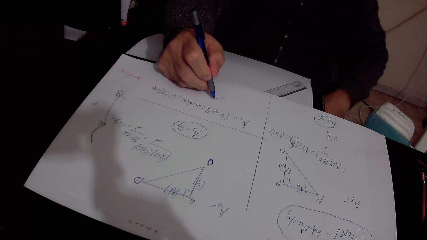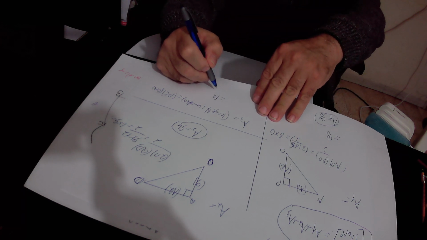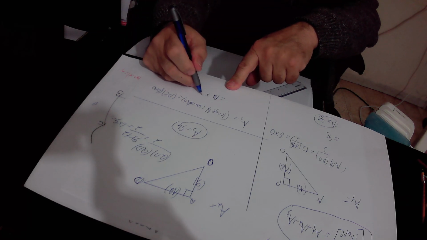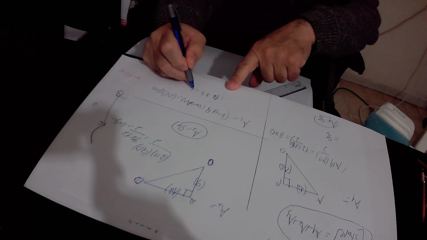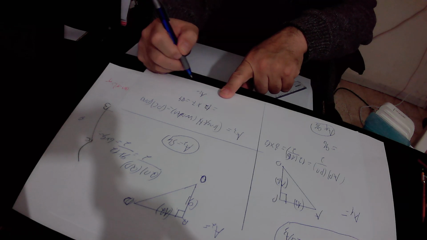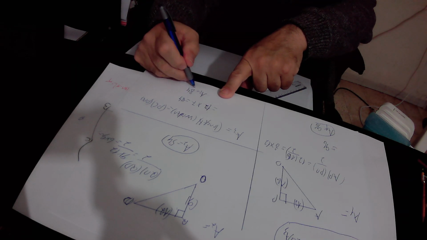PC equals 12 and PQ is 7. 12 times 7 is 84. So we found out that A3, the area of the rectangle, equals 84 square units.